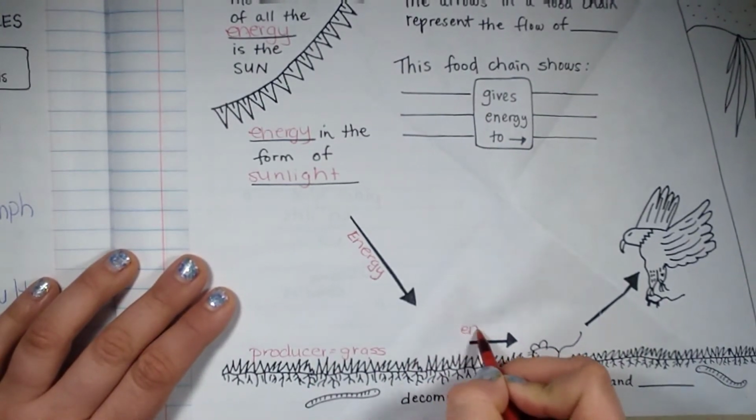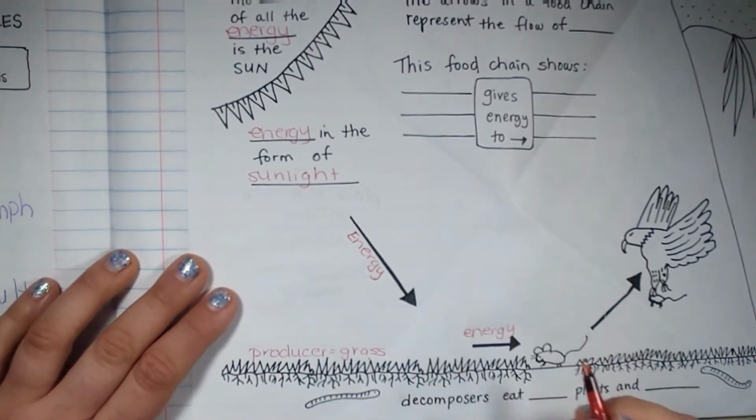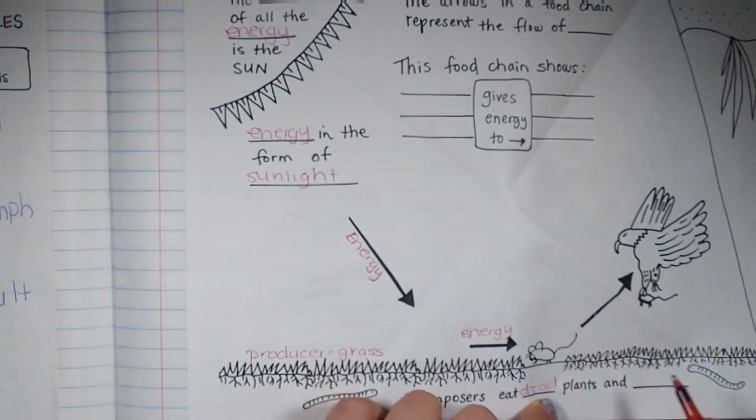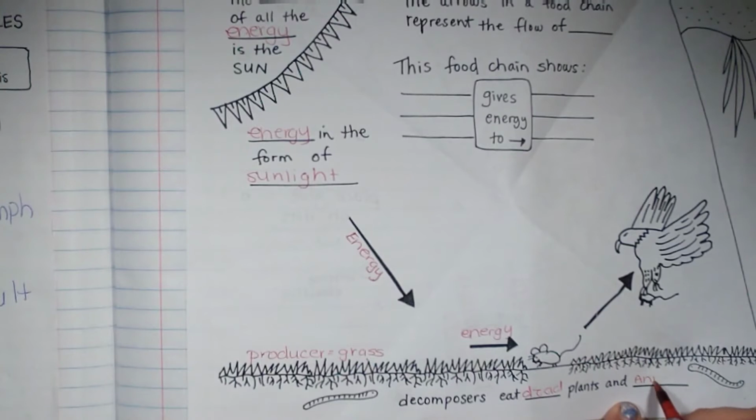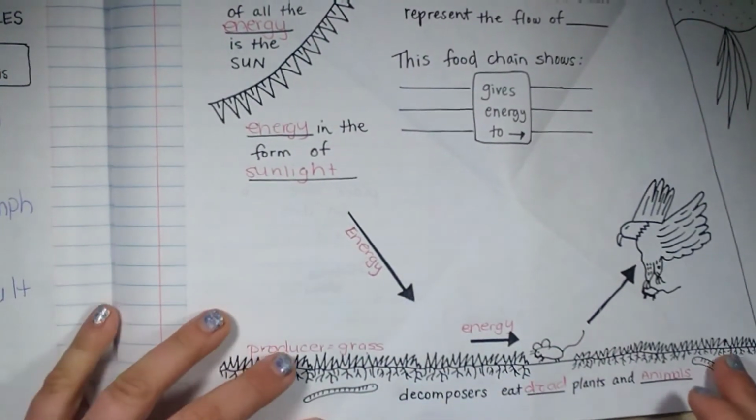Then the energy goes this way. The decomposers eat dead plants and animals. So those are the worms. They're eating the dead plants and animals.